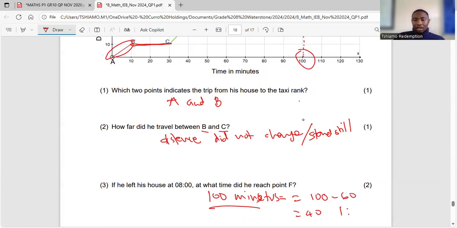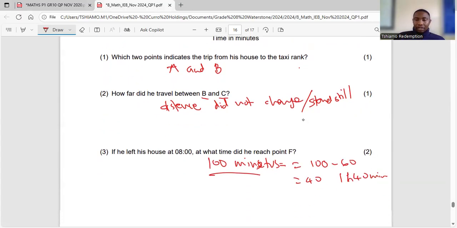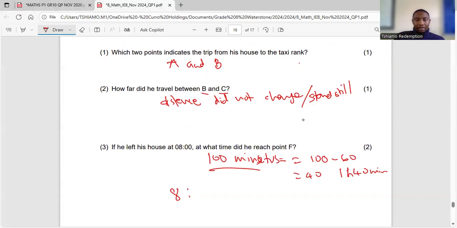So this is 1 hour and 40 minutes. If he left at 8, it's going to be 1 hour, 40 minutes later. He will reach there by 9:40.